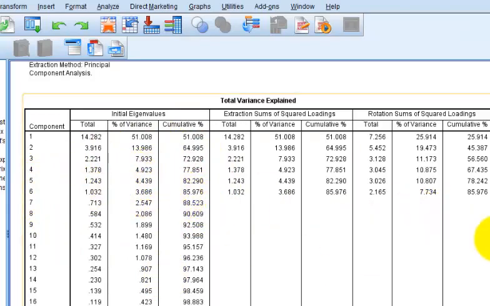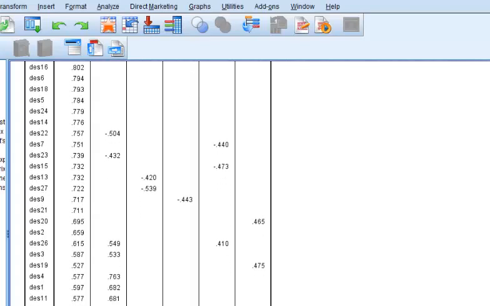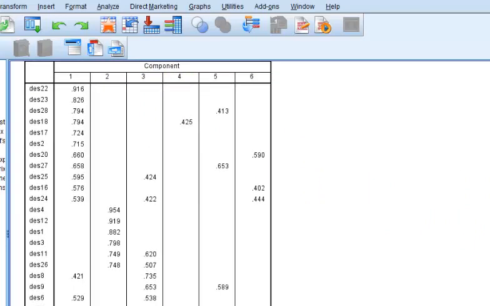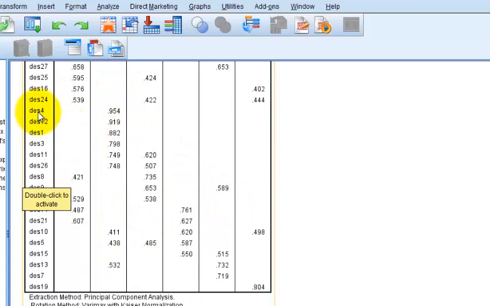All right, so real quick, let's see which items loaded up under your 6 new factors. And remember, this is the one we rotated, so this is the main one here. So your first factor, these DES seem to be similar, right? 22, 23, 28, blah, blah, blah, blah. And for your second factor, these seem to be being answered similar, et cetera, et cetera.